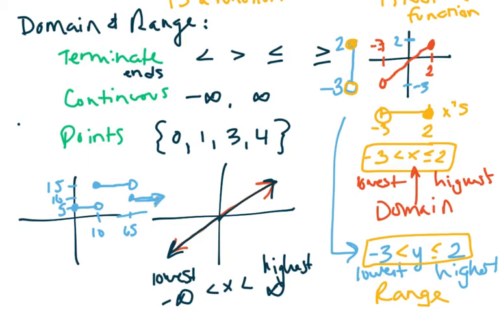So the idea here is that the domain x's is going to be everything, well, actually 0, because it stops, to infinity are your x's. But your range, now this is interesting, your range is only going to be a list of points. It's going to be 5, 10, and 15, and that's it.